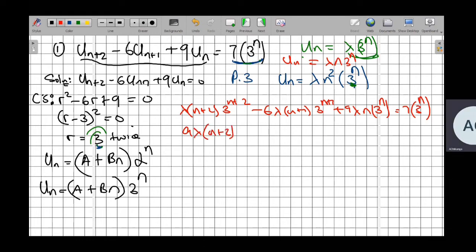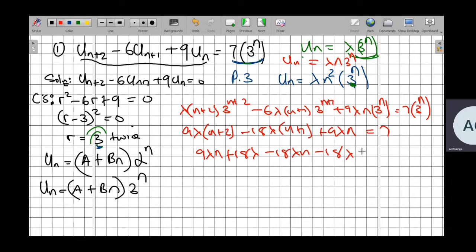Do you see that? If you remove the 3^n, you're going to be left with 3 times 3. That's minus 18 lambda (n plus 1). Then you're just going to be left with plus 9 lambda n is equal to 7. Expanding again gives you 9 lambda n plus 18 lambda minus 18 lambda n minus 18 lambda. Is that so?